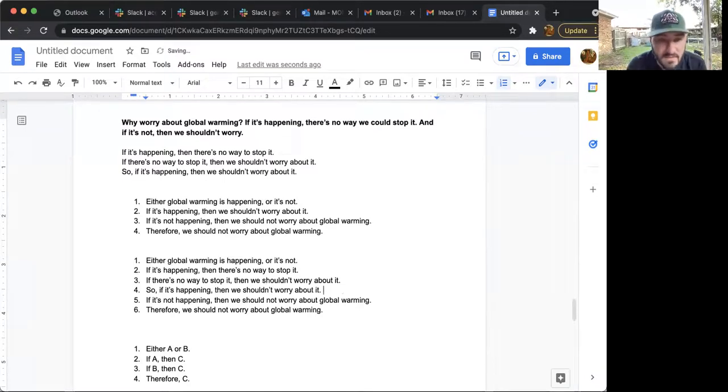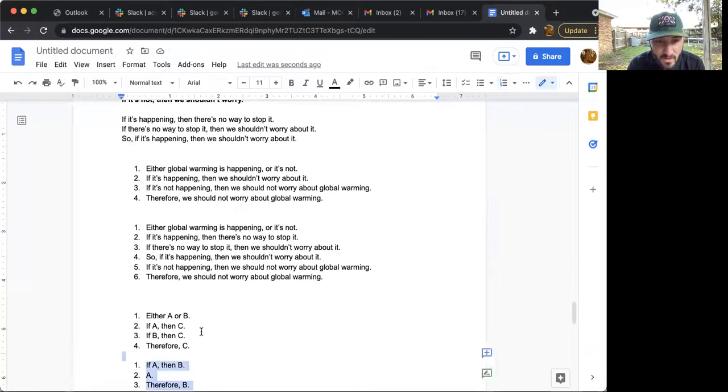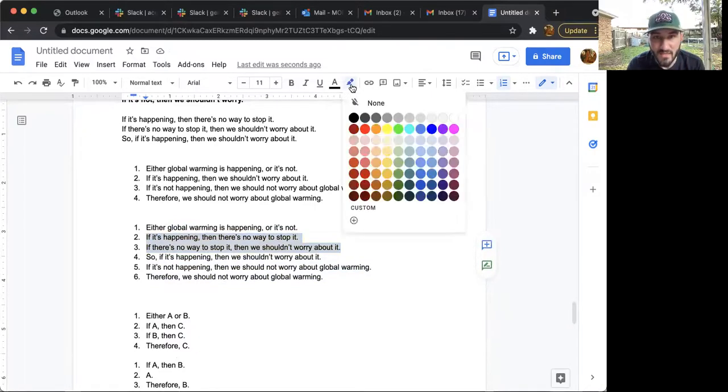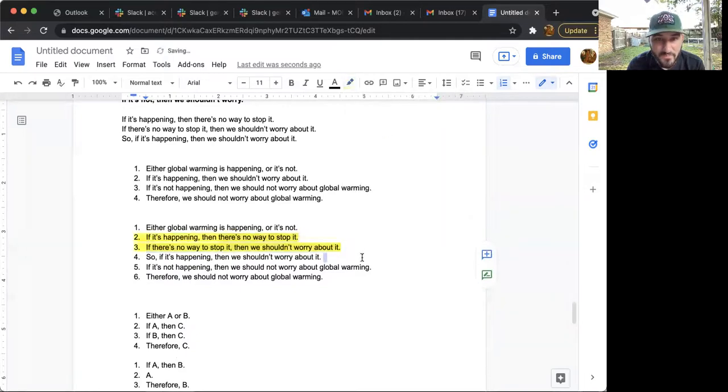Okay, so essentially you can see this argument pattern in this argument. But what's happening is that these two premises right here are not part of that pattern, strictly speaking. They're basically giving you an argument for premise 2.